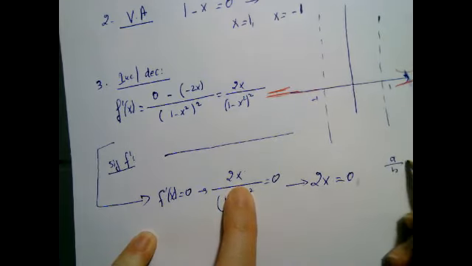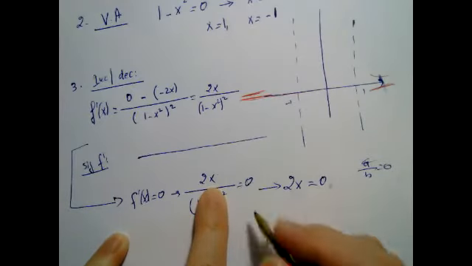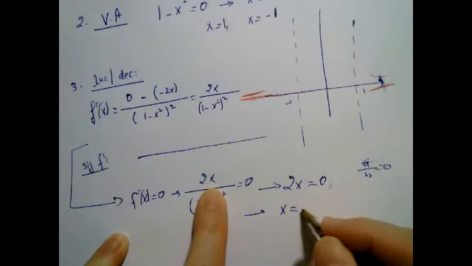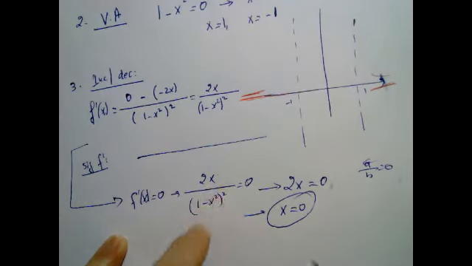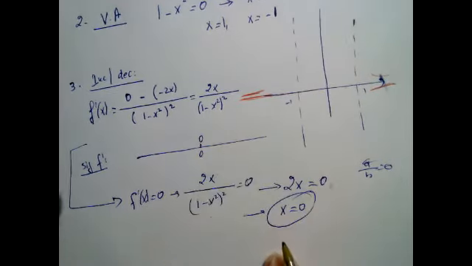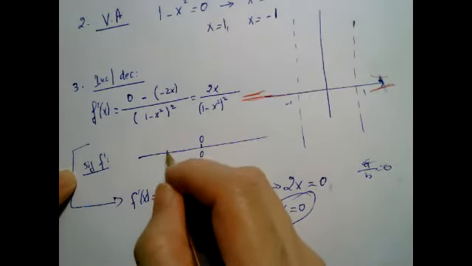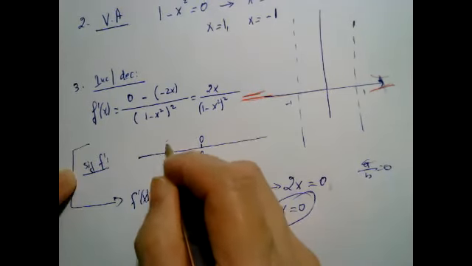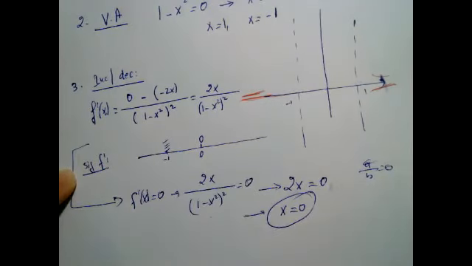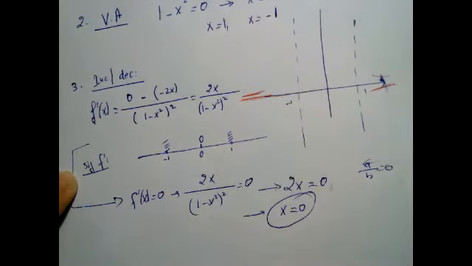If a over b is 0, the only way this can happen is if a is 0. So it means x equals 0. So at 0, my derivative is 0. Now, when you study the sign of f prime, you also have to put the values where the derivative does not exist. And that's at -1 and at 1, because those will affect the sign.